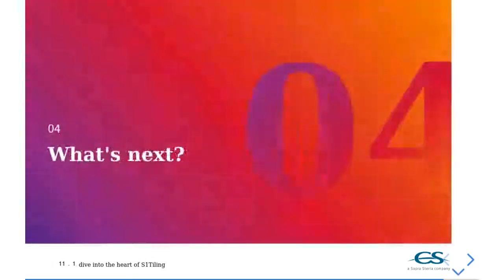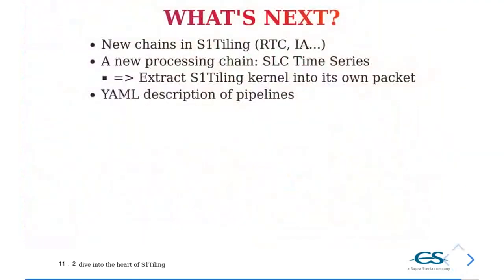So, what next? New chains in S1Tiling are currently under development. The local incident angle correction is being refactored and will arrive in S1Tiling 1.2.